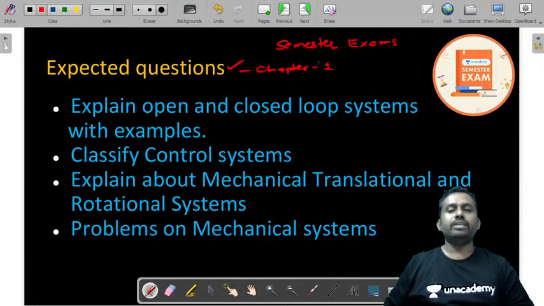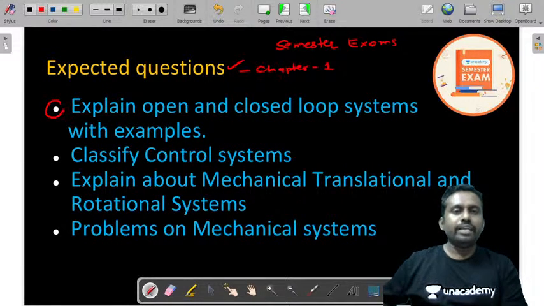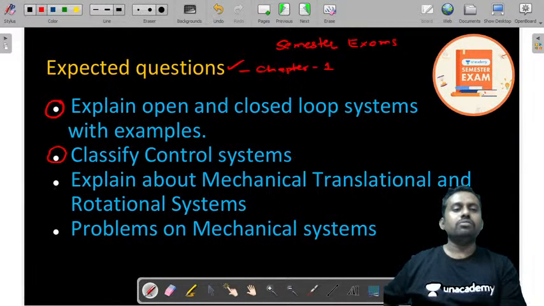Mostly in chapter 1, apart from the next lecture, the questions that are asked are: explain open and closed loop systems with examples, or classify control systems, explain about mechanical translational and rotational systems, and some problems on these mechanical systems.